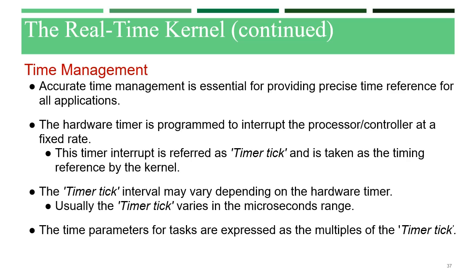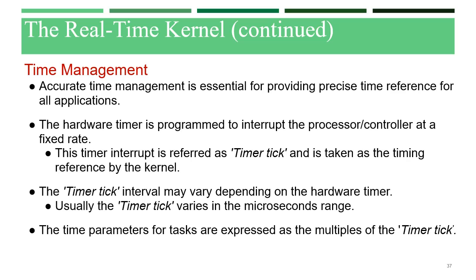Accurate time management is essential for providing precise time reference for all applications. The time reference to the kernel is provided by a high resolution real time clock hardware chip. The hardware timer is programmed to interrupt the processor or controller at a fixed rate.